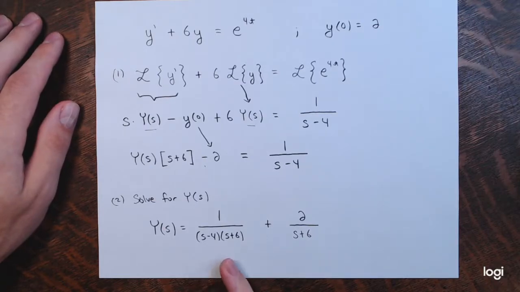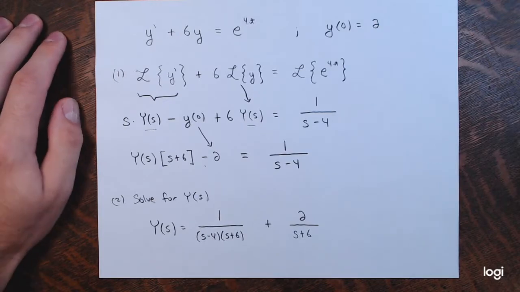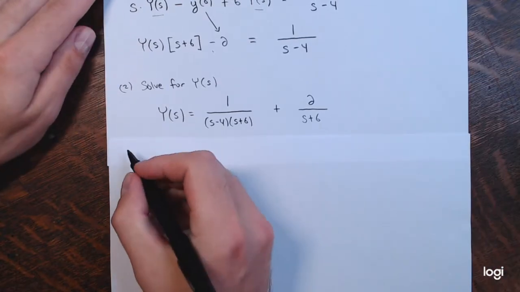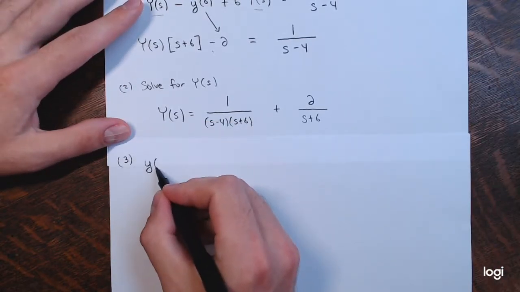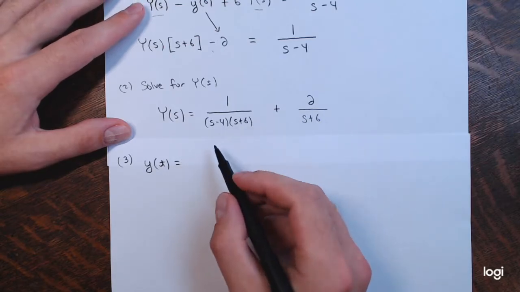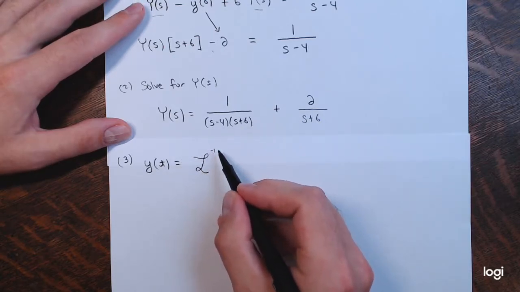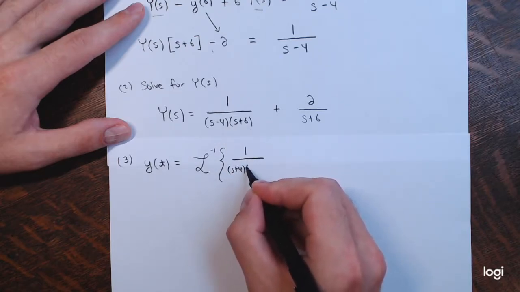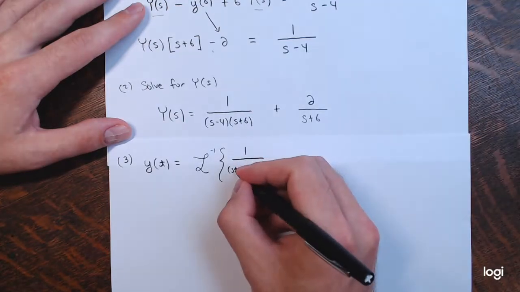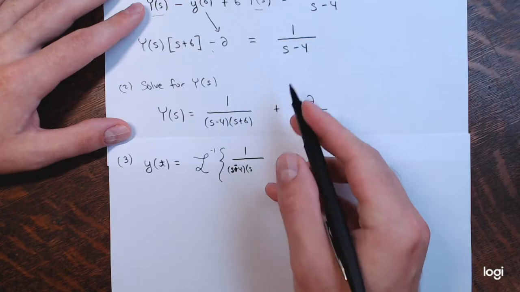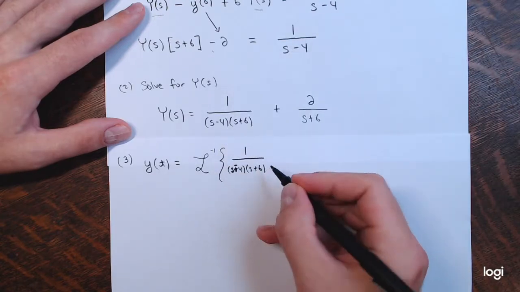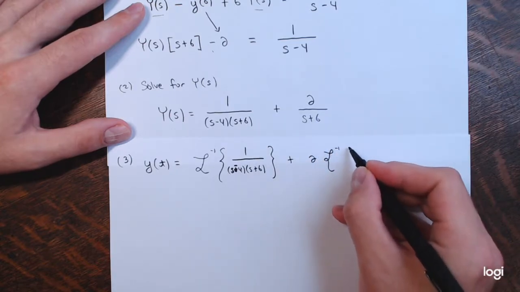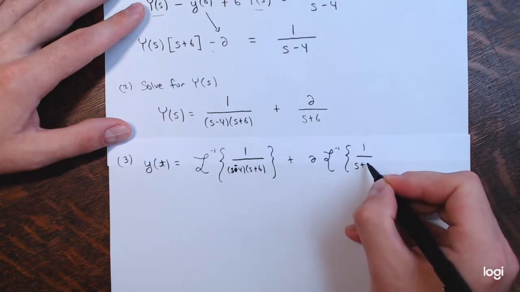All right, and then I'm going to take the inverse Laplace transform of this, and we'll get our solution. So y of t is, and then breaking it up with the linearity property, the inverse Laplace transform of 1 over s minus 4 times s plus 6, and then plus 2 times the inverse Laplace transform of 1 over s plus 6.